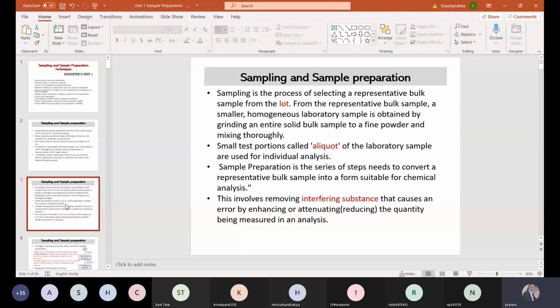Now, as we understood, sampling is a process of selecting a representative bulk sample from the lot. A lot means a lot of sample which is available. So it's a bigger lot, and from that we need to collect a small amount of sample.